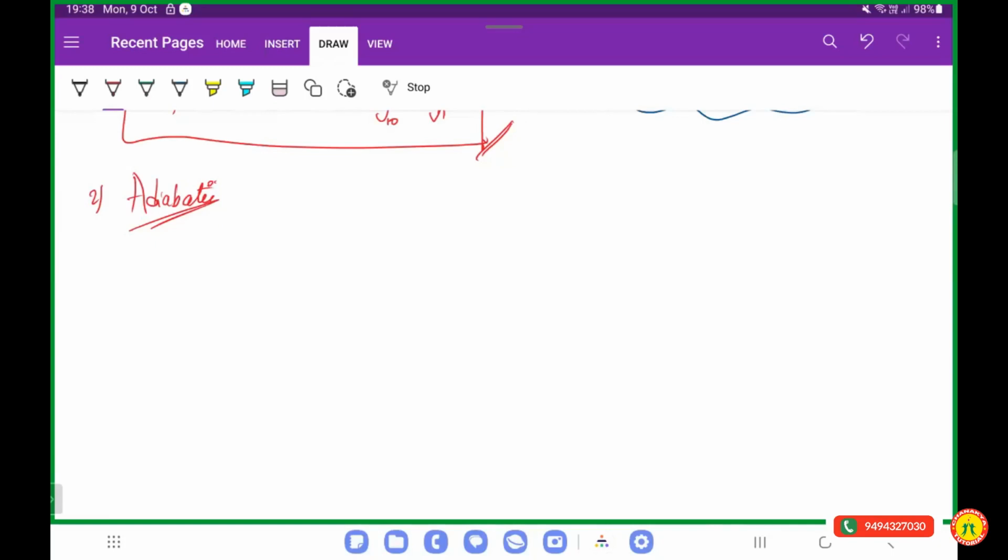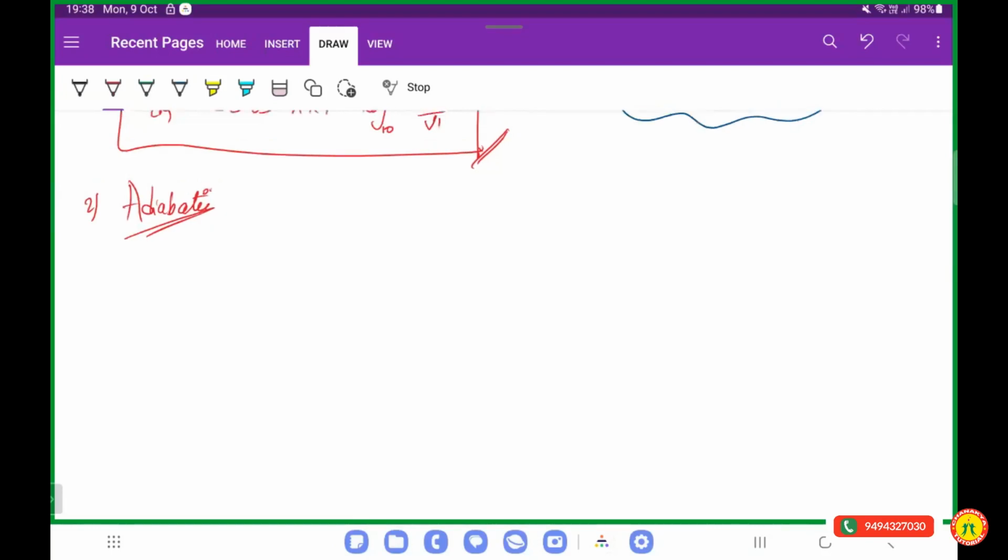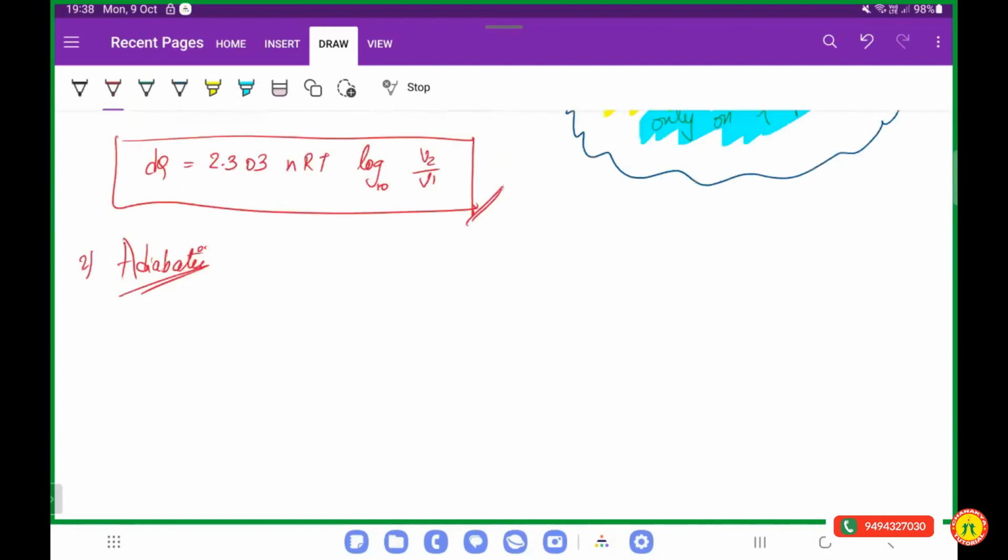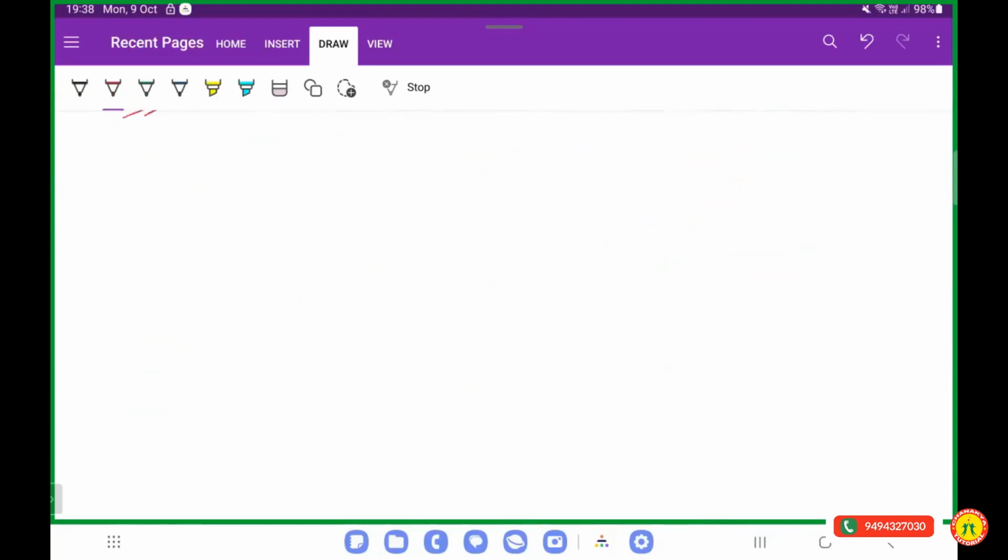There is no exchange of heat between system and surroundings, sir. Exactly. So no change of heat. Now in this case, what will become 0? dW, dQ or dU? dQ equal to 0, sir.